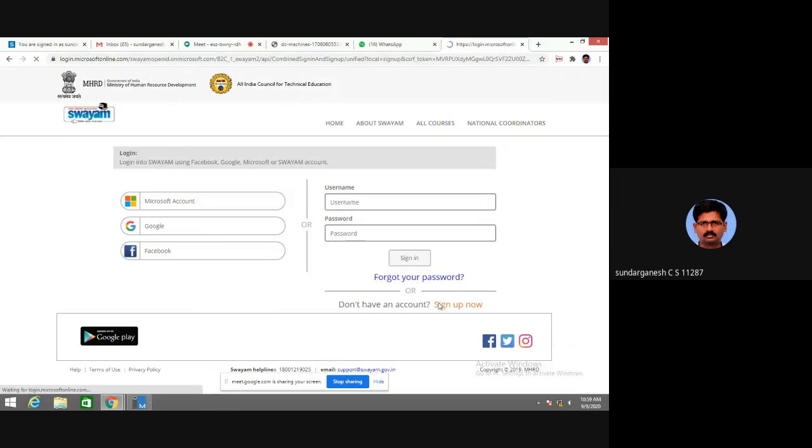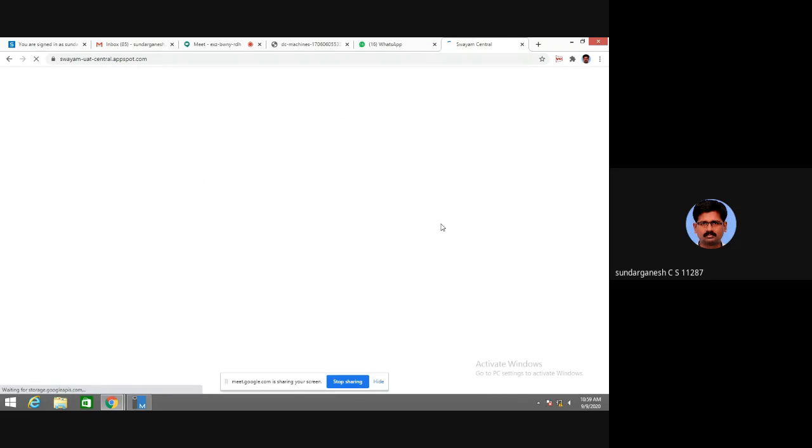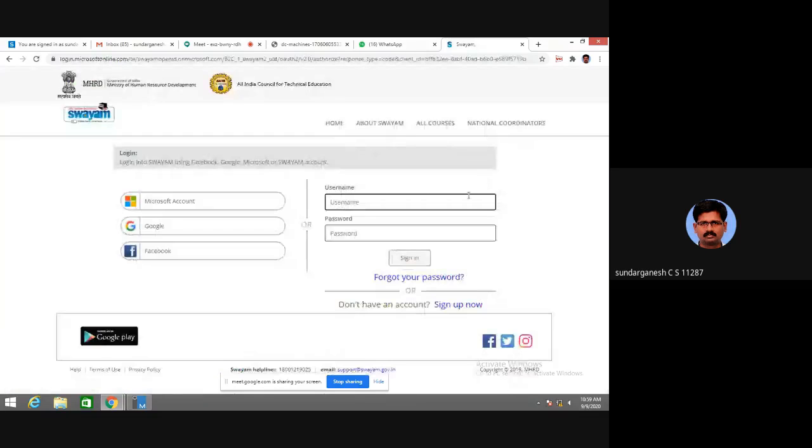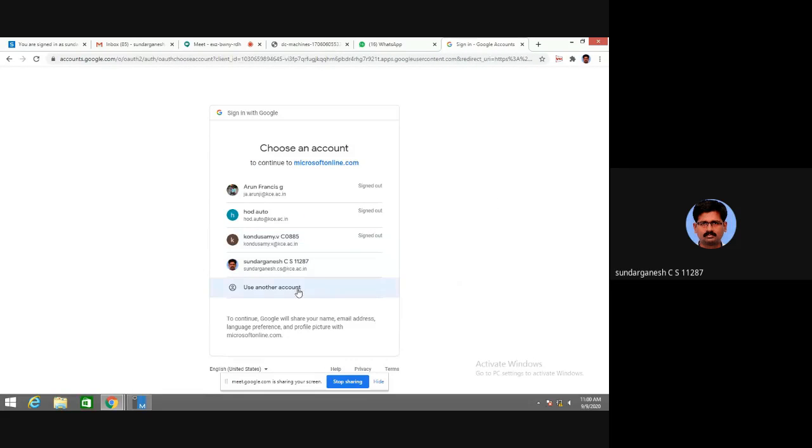You have to create a username, create a password, and give an email address. Send verification code means the verification code will be sent to your email address. Then you can create a login. After creating a login, you go to sign in once again. I already have an account, so I will go through Google itself.